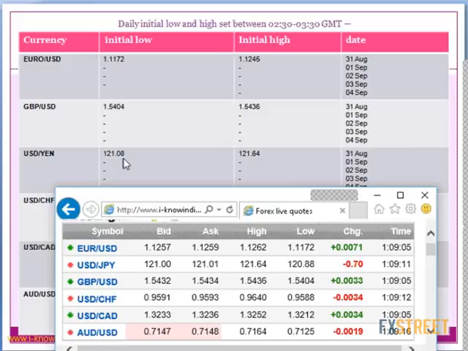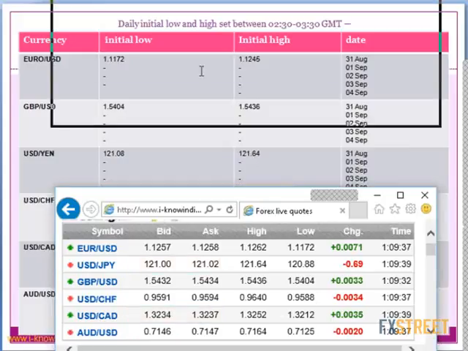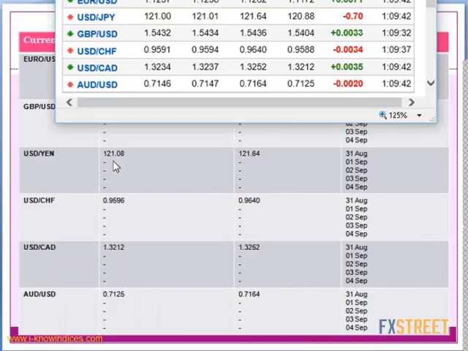In the case of USD-Yen, 121.08 is the low. They came down to 120.88 as a brief downward stop, and they are holding below 121.08 now. So they will try to come down and induce the traders to take the sell positions, and later on they are expected to take it to the 125 area.